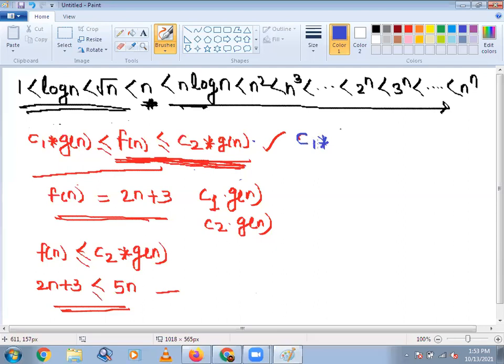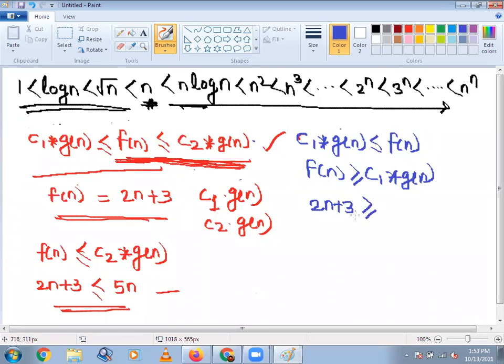c1 into g of n is less than f of n. That is, we can write f of n is greater than or equal to c1 into g of n. So f of n, that is 2n plus 3, is greater than or equal to 2n, same as it is, because here plus 3 is an additional part.